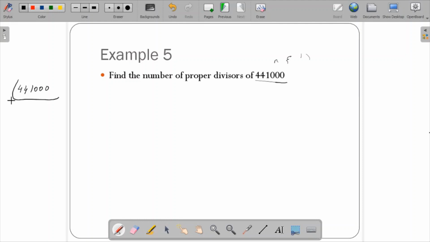44100 is divisible by 2, so let us divide by 2.